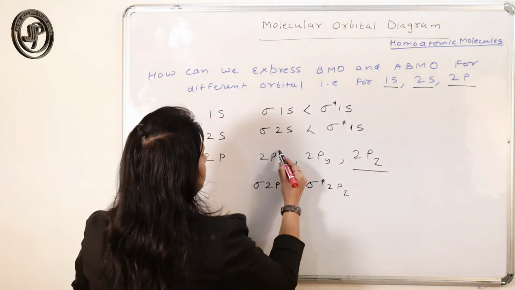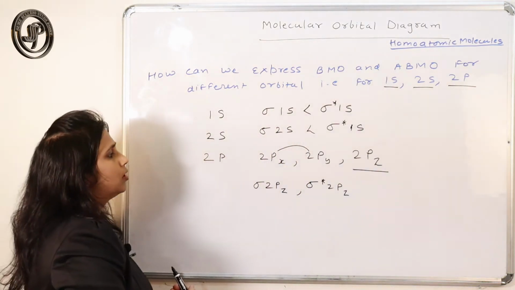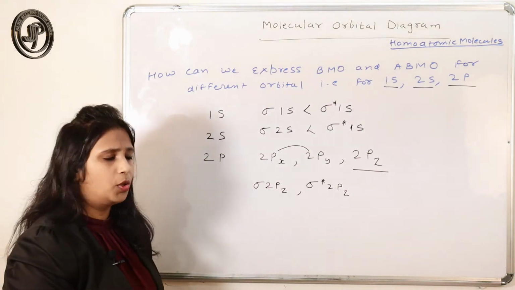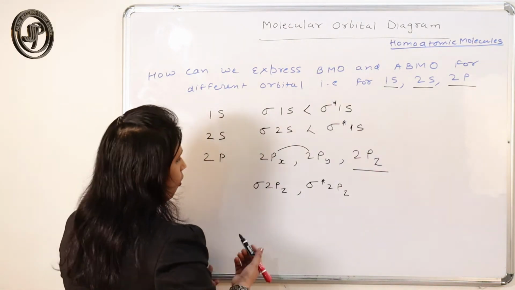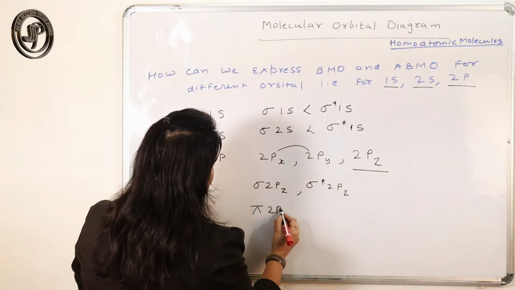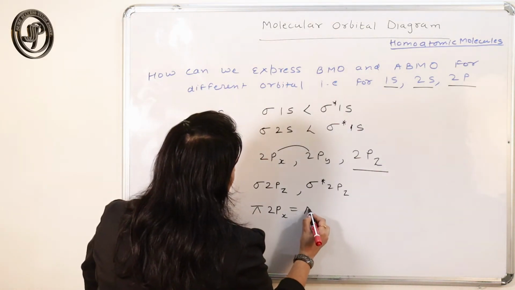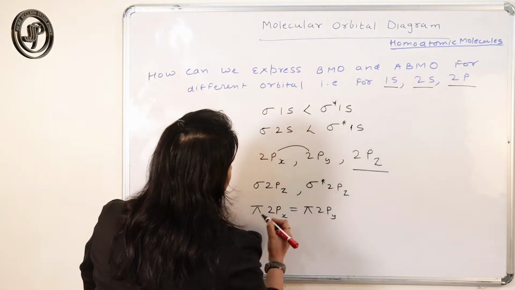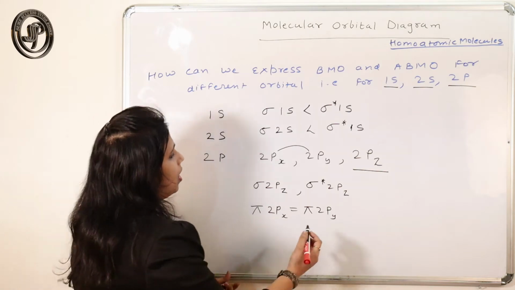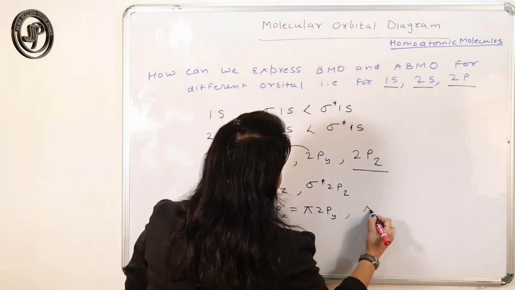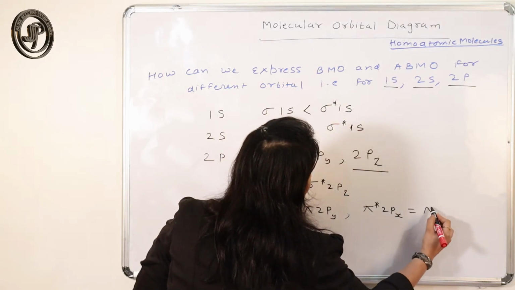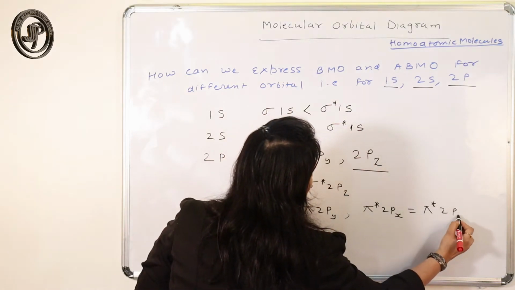Similarly, if they undergo sidewise overlapping, they form pi bonds, and the bonding orbitals will be pi 2px and pi 2py. Generally we consider the energies of 2px and 2py almost equal, and their anti-bonding will be pi star 2px and pi star 2py.